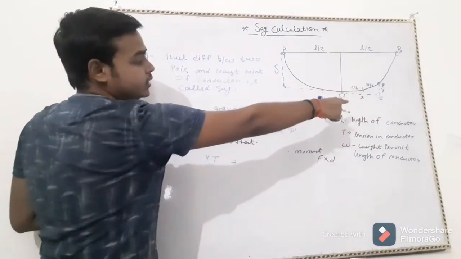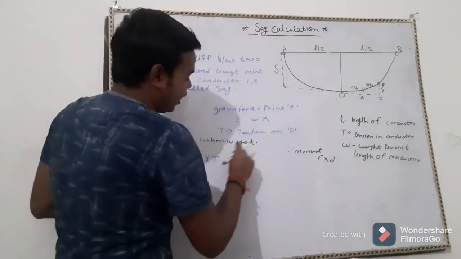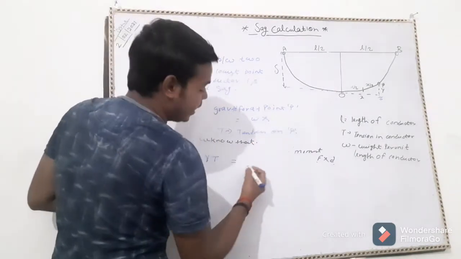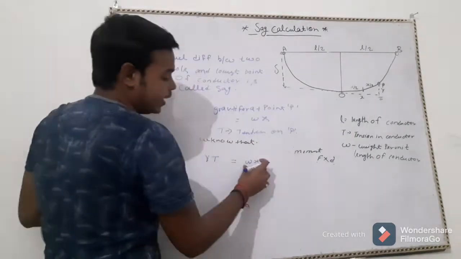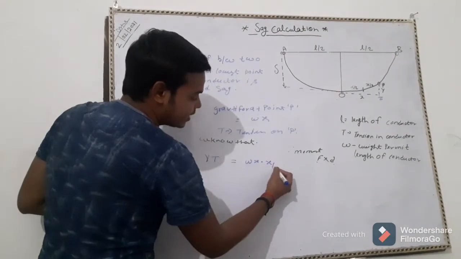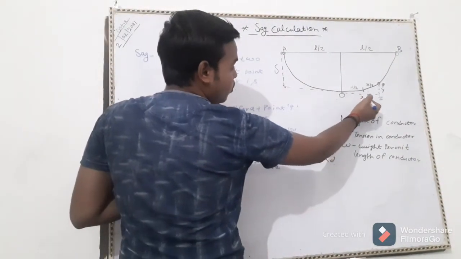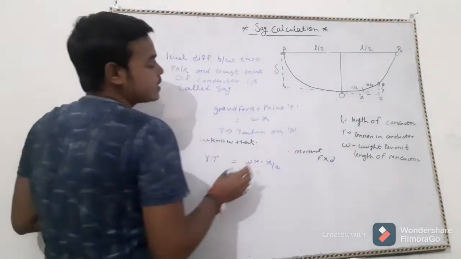Distance between Z and P, that is y. Now moment is equal to W into x, and x upon 2. X upon 2, why? Because distance between origin O and point O dash is equal to x upon 2.